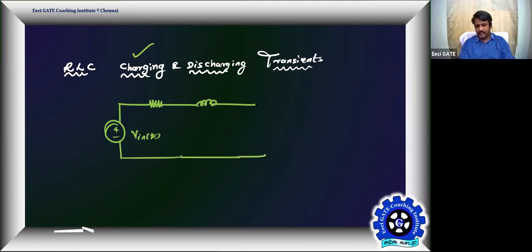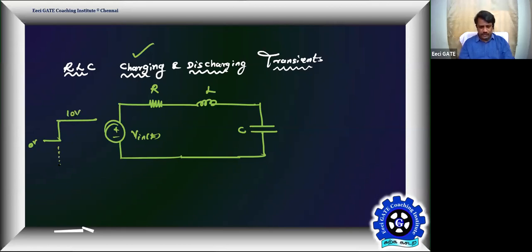Simple series RLC. Either I can have a switching arrangement, otherwise I can say V in of t is a step change going from 0 volts to 10 volts.